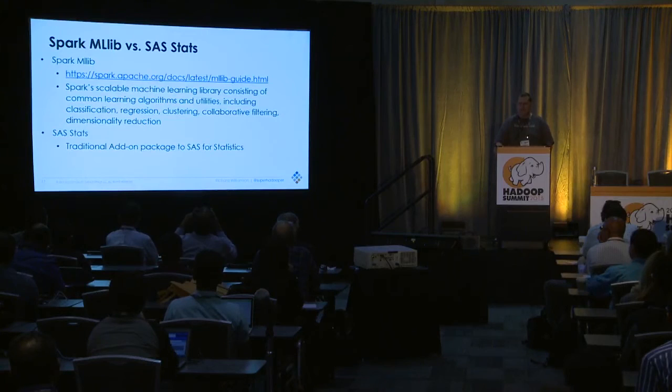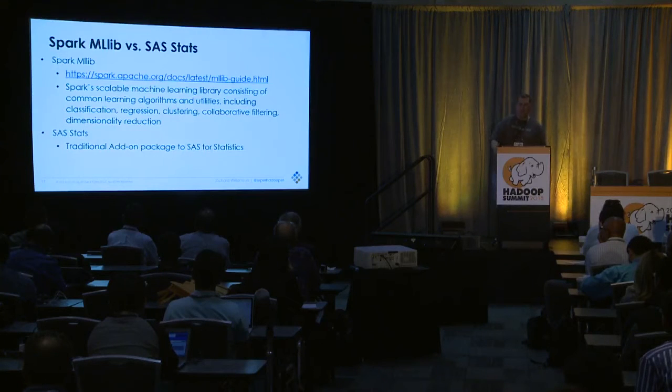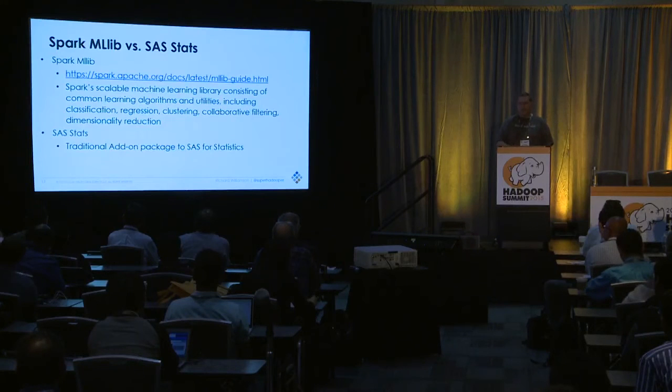For the analytics side, there's a package called Spark MLlib, where the current algorithms include classification, regression, clustering, collaborative filtering, and dimension reduction. On the SAS side, it's a separate package called SAS Stats that has many of those functionalities. And then on the more workflow side, there's Enterprise Miner that does some of those.